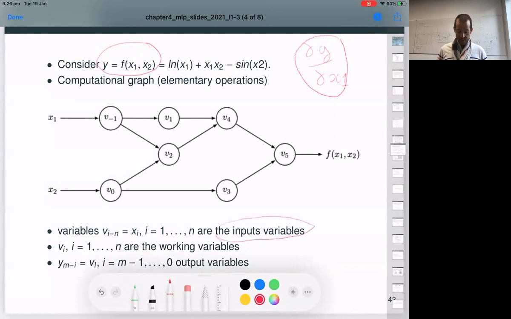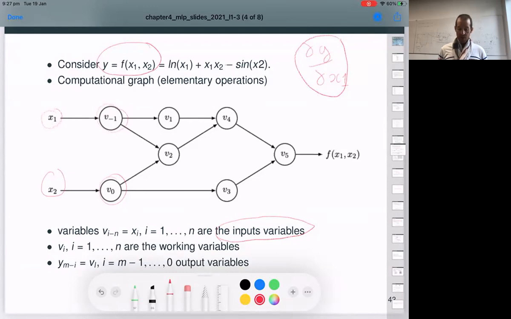So in this example, we have two input variables, x1 and x2. So we have v0 and v minus 1 being x1 and x2. Makes sense or not?